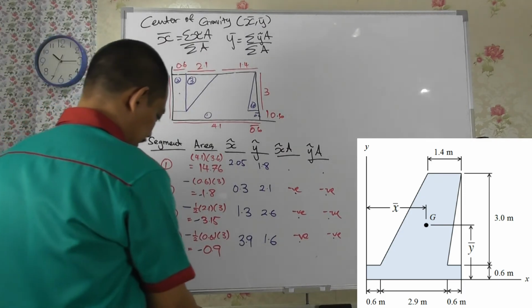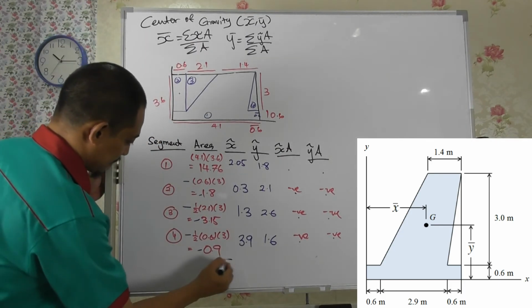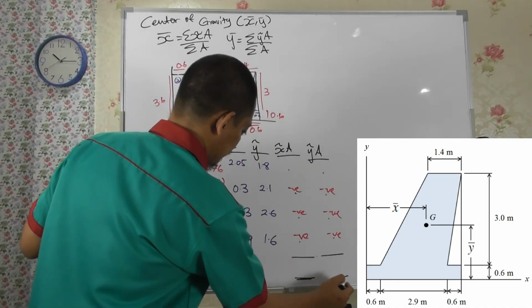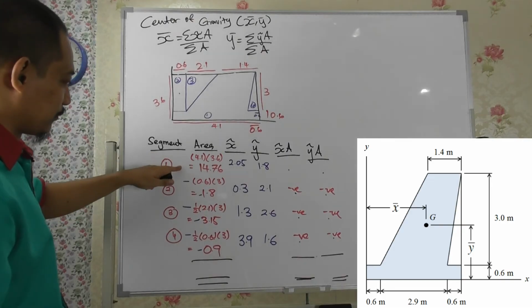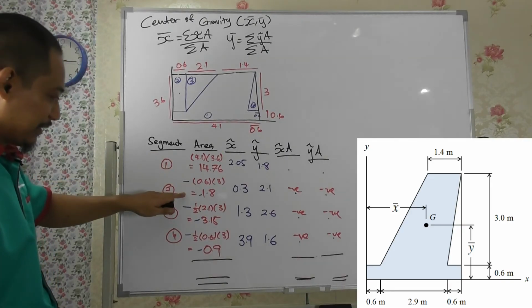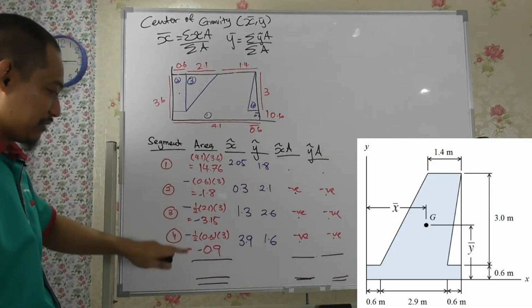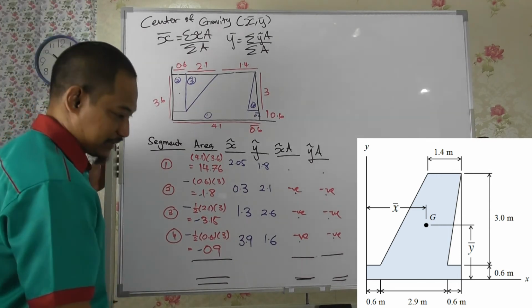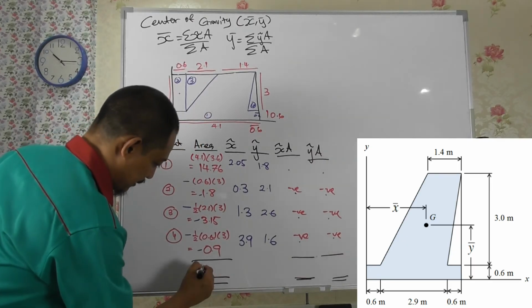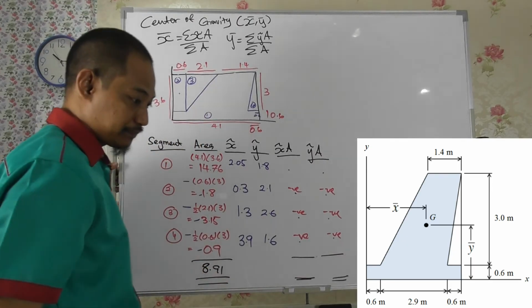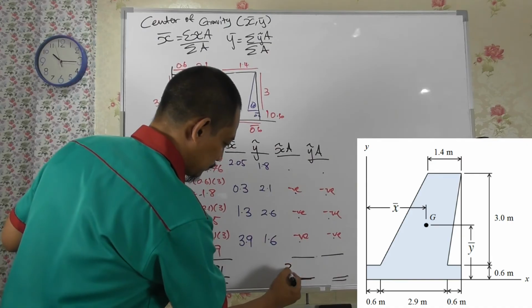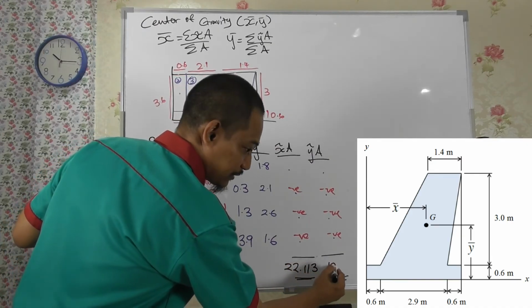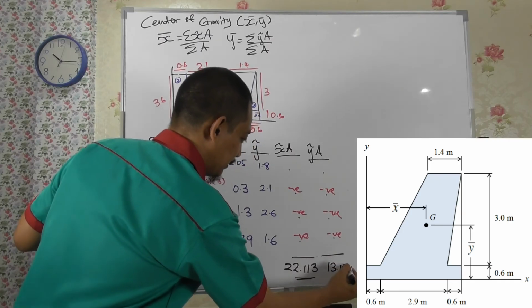And then, as usual, we just add up what we have here. So obviously this will be 14.76 minus 1.8 minus 3.15 minus 0.9. You'll get something there. So basically, if I just write it down, this is 8.91. This will be 22.113. This will be 13.158.